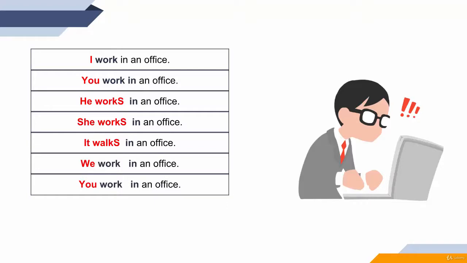You work. They work. Okay? You see where the changes are? Exactly, in the verb. So when we speak about the tenses, we will be careful what's happening with the verbs in the sentences. Verb, just to remind you, this is the action, the word which means action.